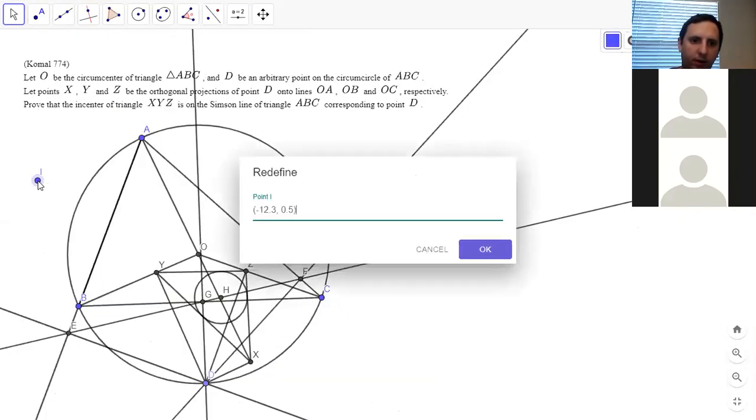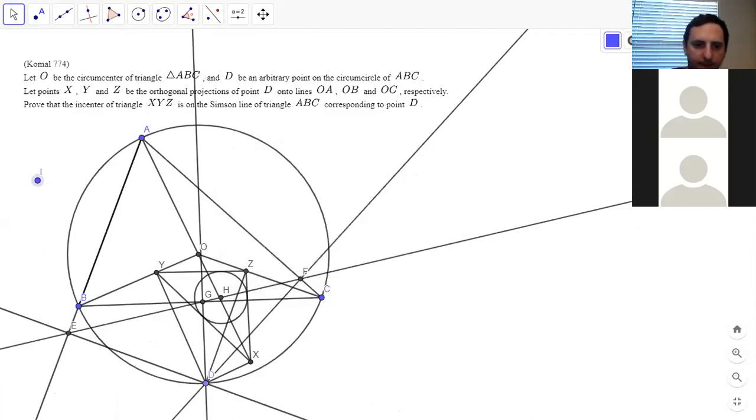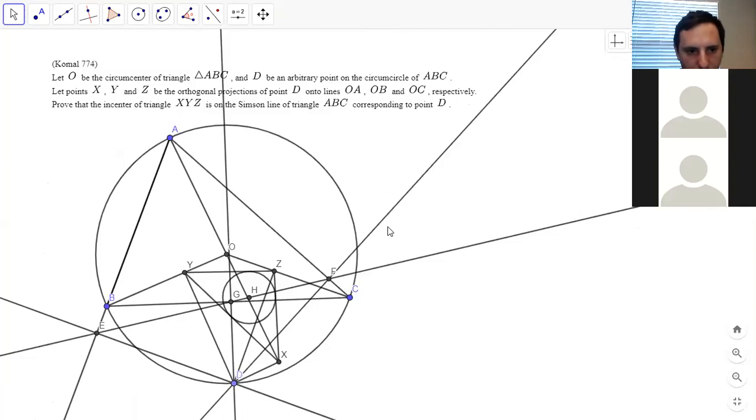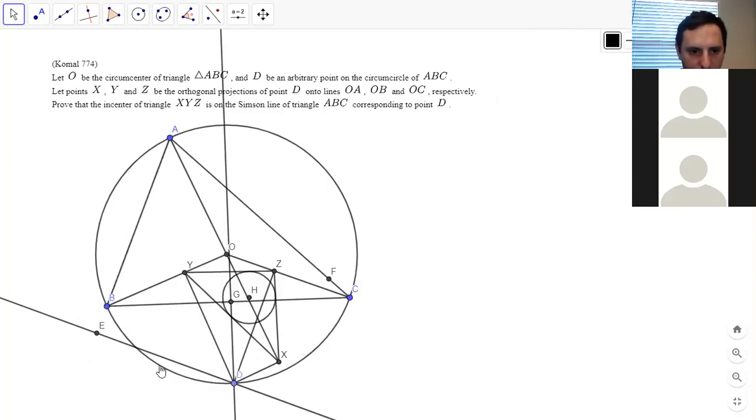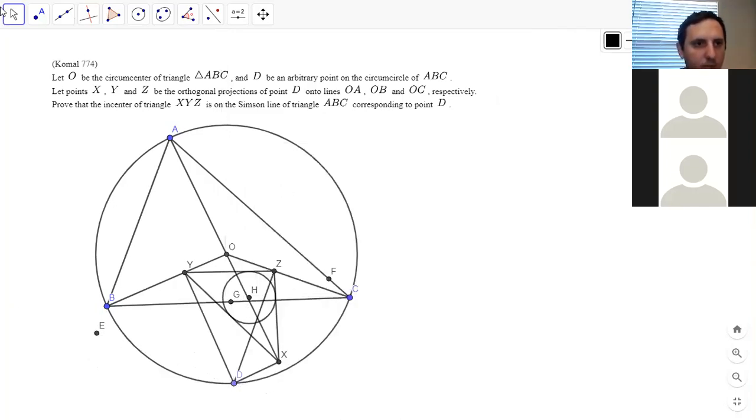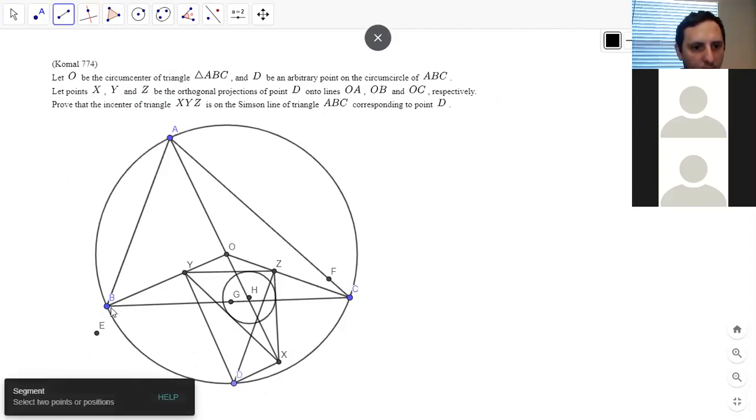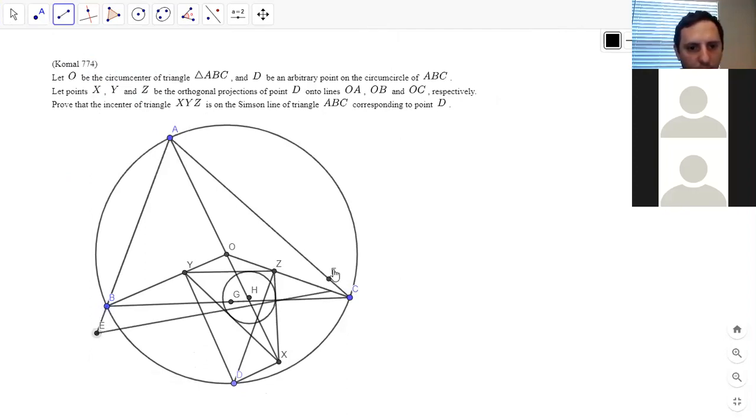First, let me make the diagram a little nicer. So we have this and this and this and this.